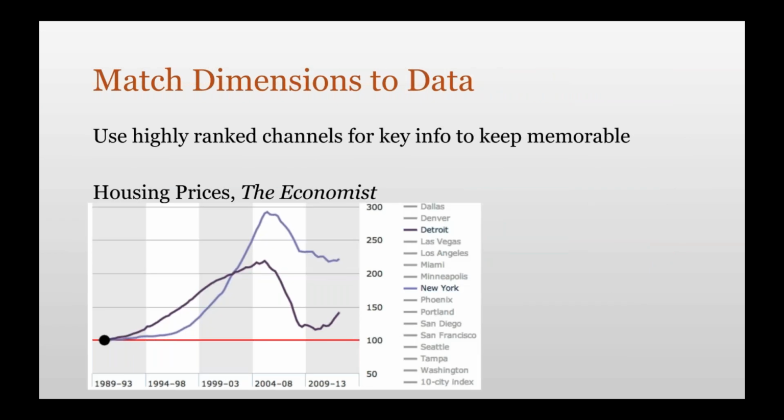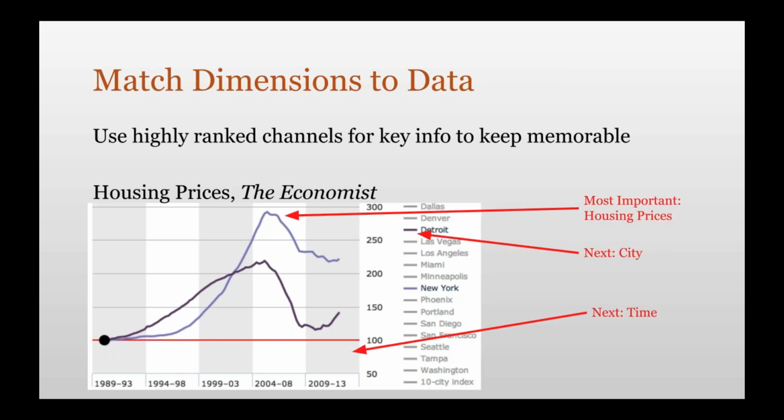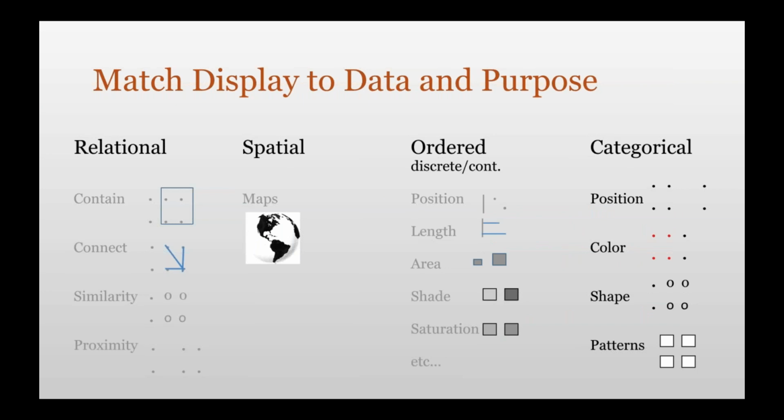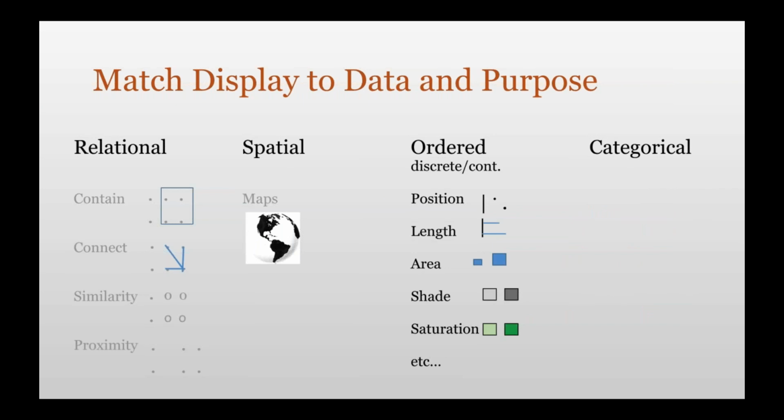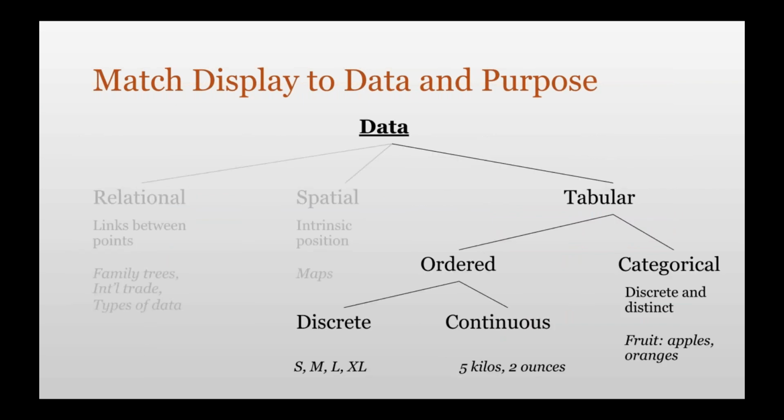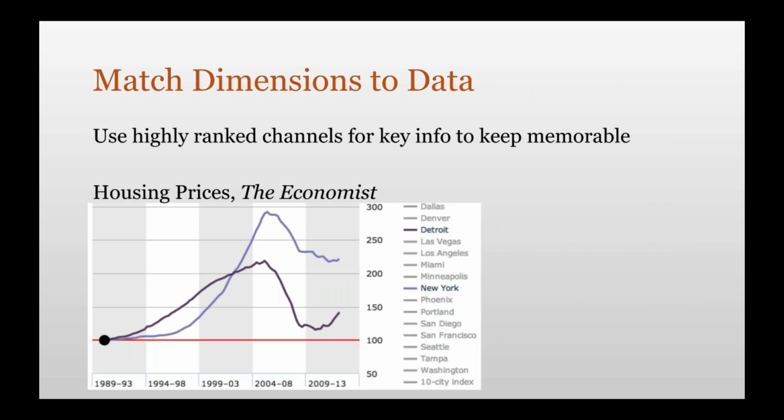So what this actually was, was housing prices, just a graph grabbed from The Economist, and this is really well done in terms of mapping what's most important. So most important are the prices themselves. Let me go back.